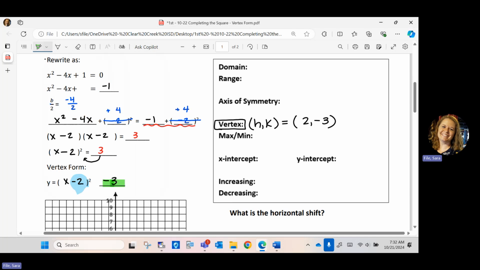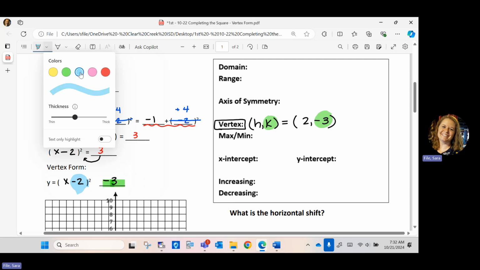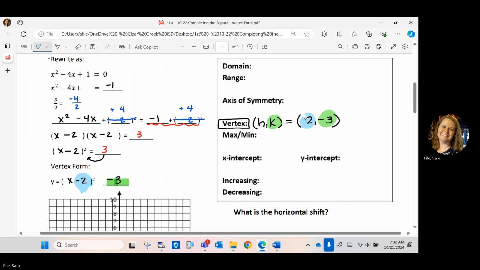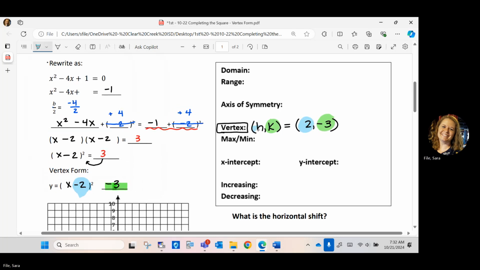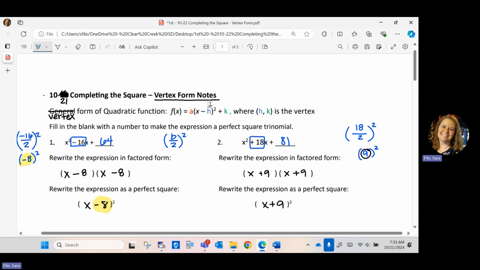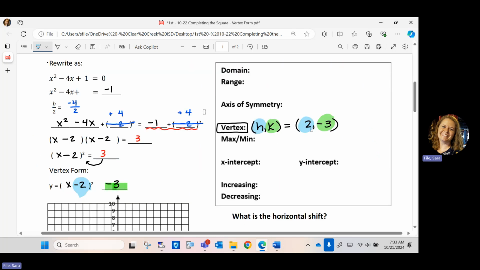Because remember, it's the opposite of what you see on the inside, and then what you see on the outside. Y'all remember talking about that last week? You change the sign of what's on the inside to get your h, because in the equation it's x minus h. The minus is in the equation, so the h is just the 2.